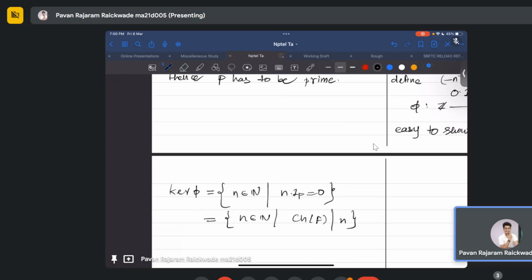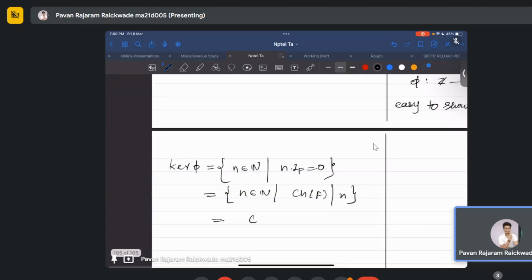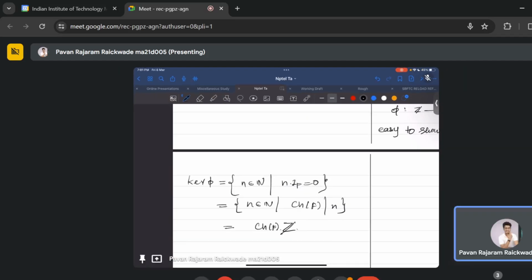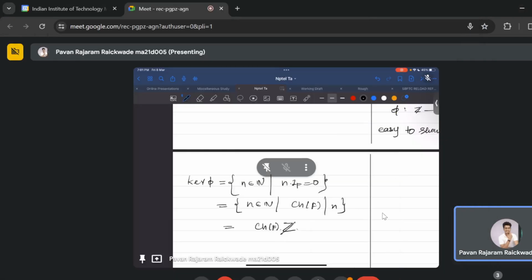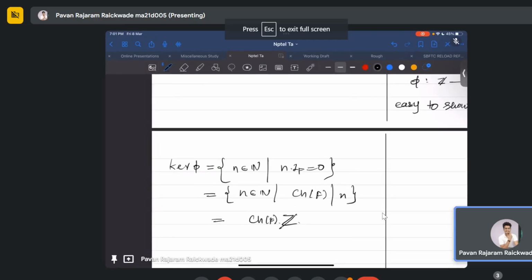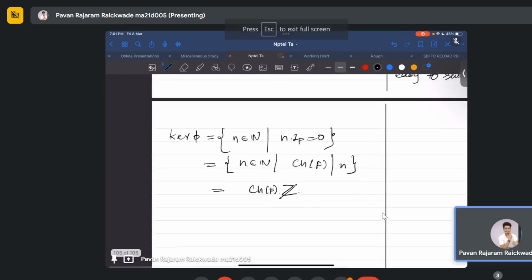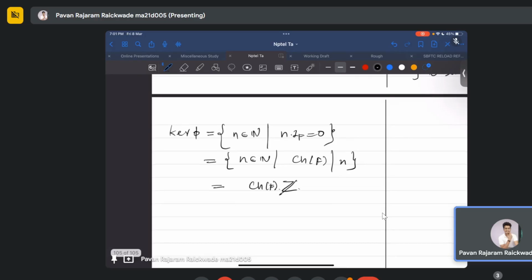But then you have a nice notion: this is char F times Z, like how you represent pZ or nZ. The characteristic of F is a natural number, so you define it in this way. So everything is well defined here. Kernel phi is characteristic of F times Z.